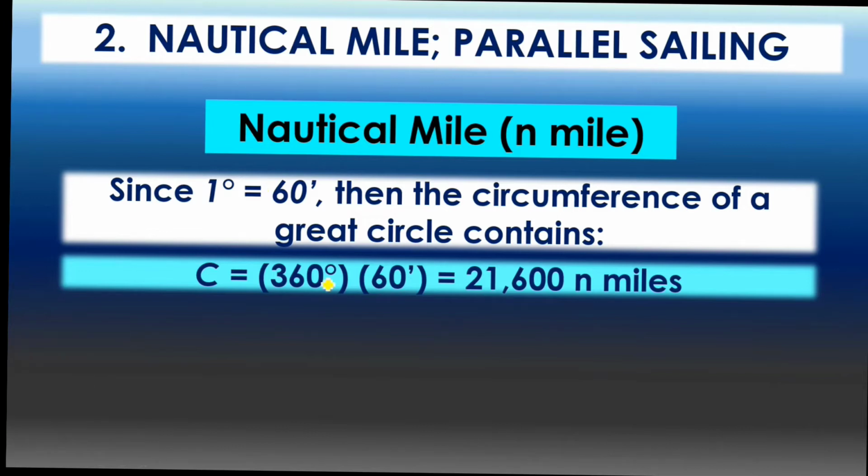So remember, the big C is the circumference, a full revolution of a circle. Remember, the great circle is still a circle, and a full revolution is 360 degrees. If we are going to convert this into minutes, it is said that 1 degree is equivalent to 60 minutes. So we can write it this way.